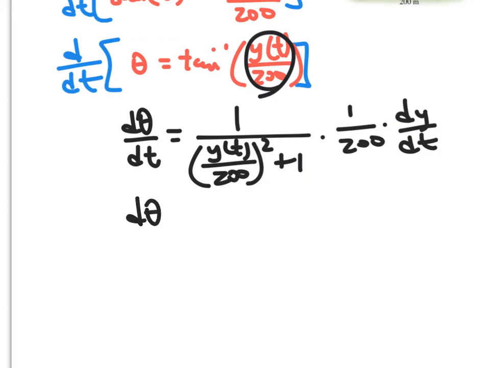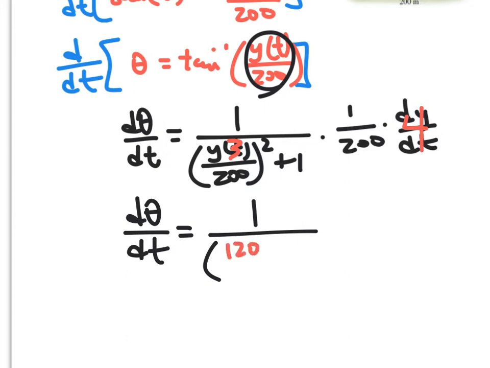Right, so d theta/dt, or the change in the angle with respect to time, when the balloon was released 30 seconds prior, this would basically just be y of 30, and this would be dy/dt, which we know to be 4 meters per second. So we said y of 30 was 120, so 1 over (120 over 200) squared plus 1 times 1 over 200 times 4.